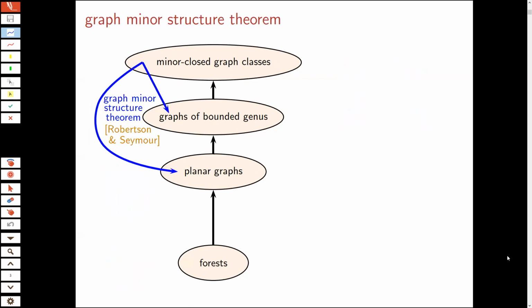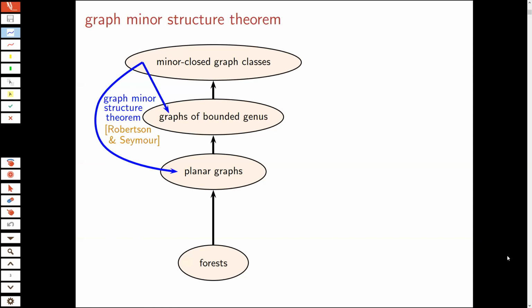What they were able to show is that every minor closed graph class can be described in terms of simpler classes, where the simpler classes are graphs of bounded genus and planar graphs, plus some other operations, including apex vertices, something called vortices that I won't describe, and the clique sum operation. So any minor closed class can be described from these basic building blocks.